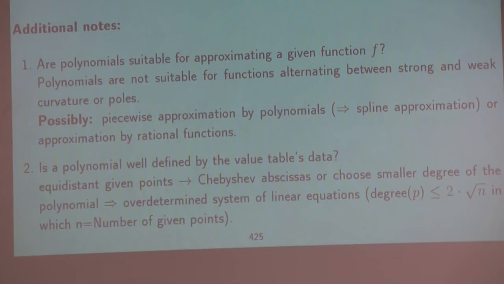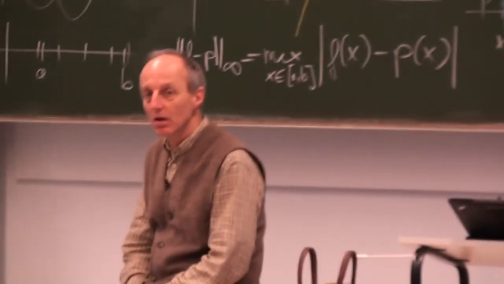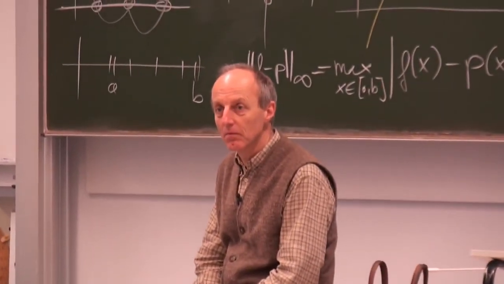Yeah. But how about, suppose you do that. You have 100 points, and you take a polynomial of degree 20. That's impossible. Why is it impossible?